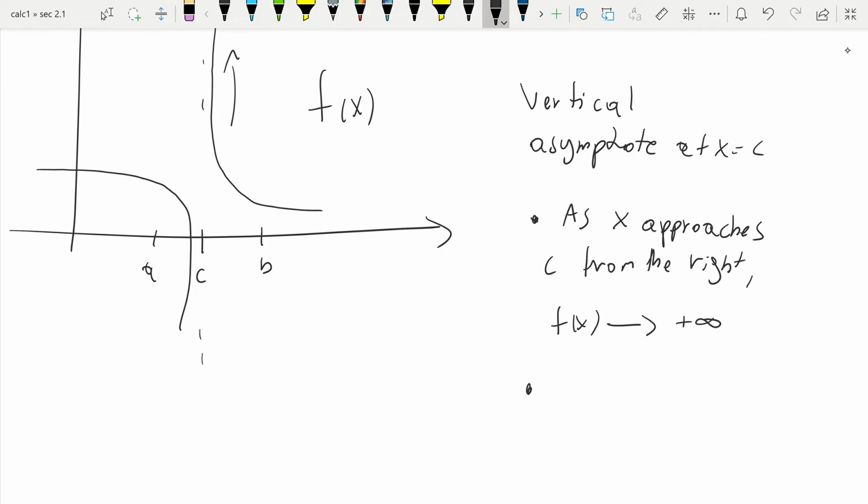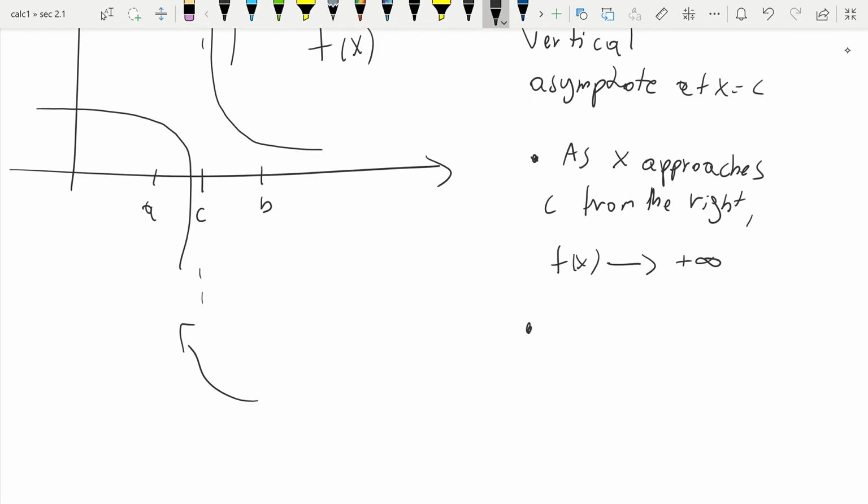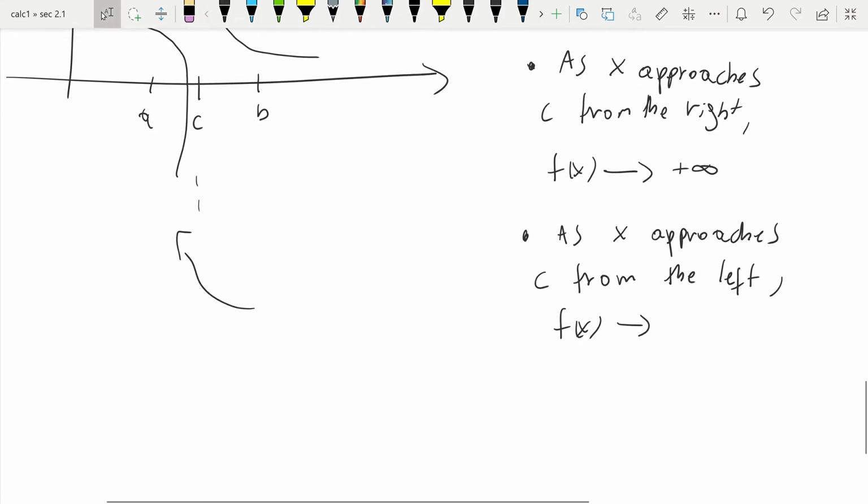In the same way, if we look at this side of the graph, as x approaches c from the left, the only sensible thing to say is that f of x approaches minus infinity.